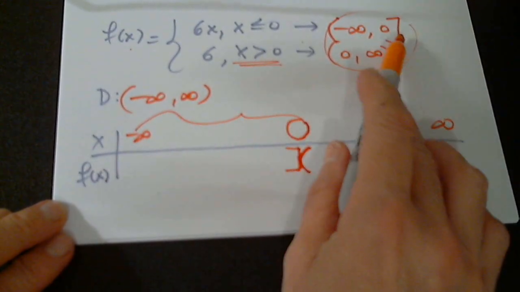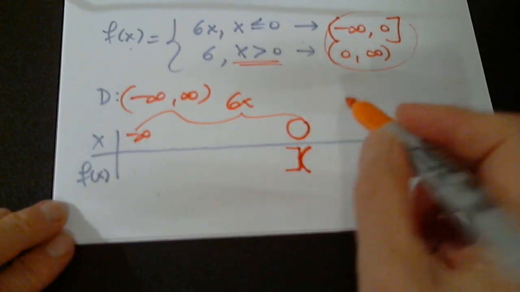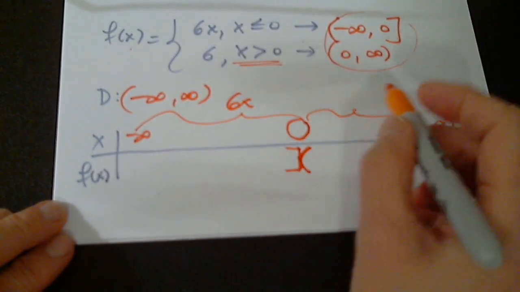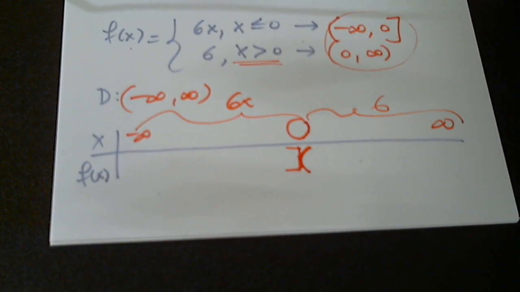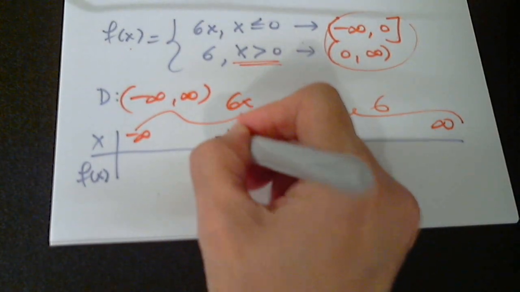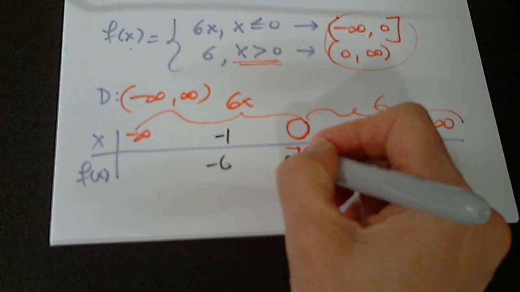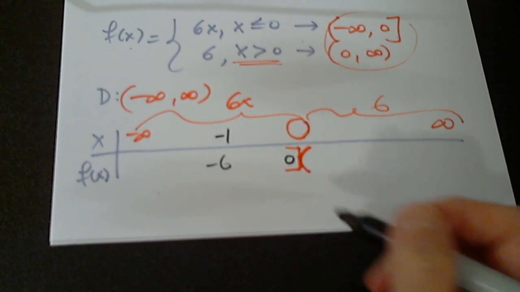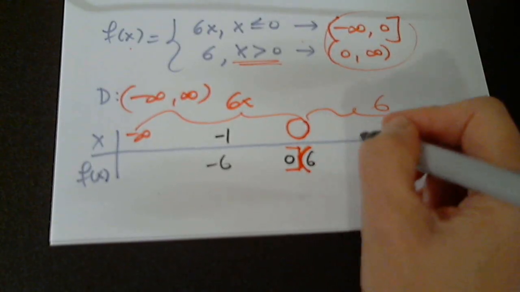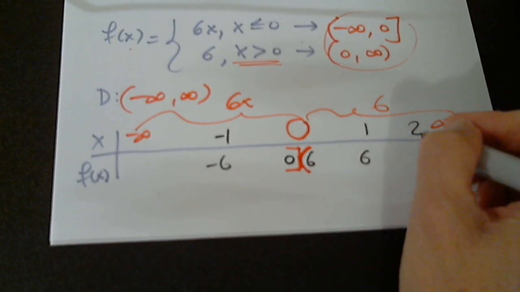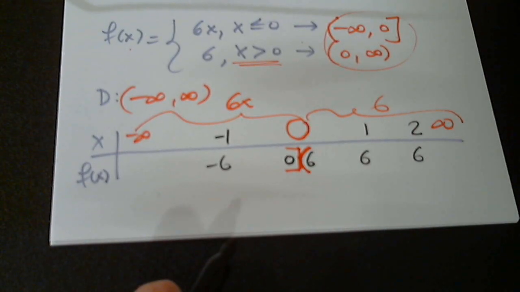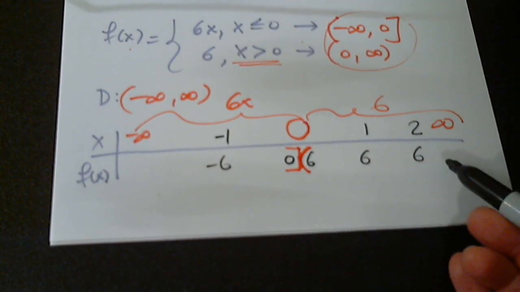First piece, 6x. Second piece, 6. Perfect. I need points. -1, -6, 0, 0, 0, 1, 2. There's nothing. It's 6 all over.